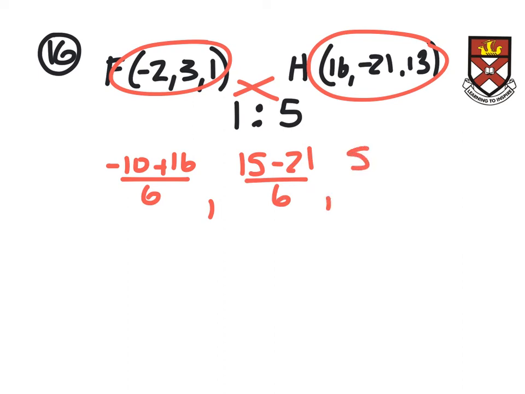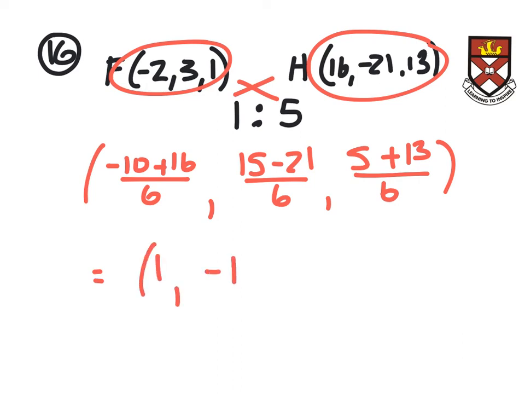And 5 times 1, 5, add 1 times 13, divided by 6. Gives us 6 divided by 6 is 1. Negative 6 divided by 6 is negative 1. And 18 divided by 6 is 3. So your answer is 1, negative 1 and 3.